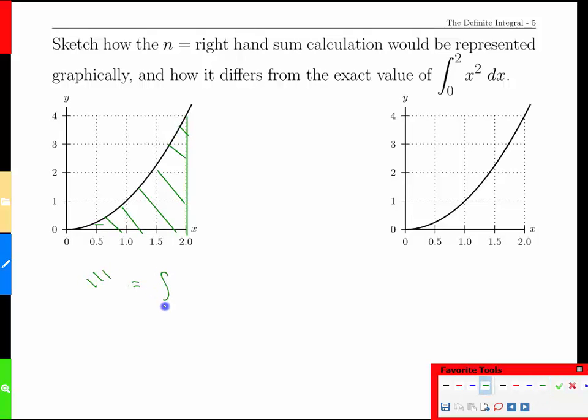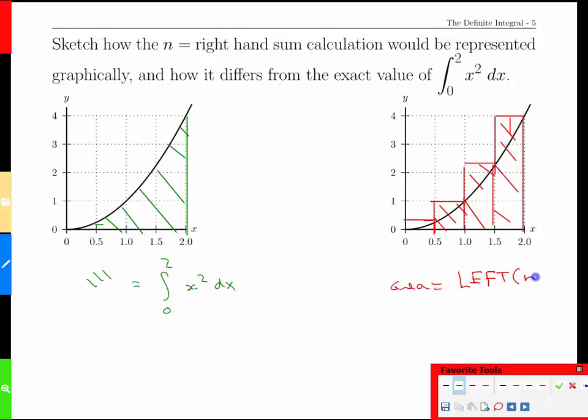That region is exactly equal to the integral from 0 to 2 of x squared dx, while in contrast, we still stop at 2, we still start at 0, but using right-hand endpoints and only 4 intervals, we get these 4 rectangles, and their area is equal to the right-hand approximation with 4 intervals, and so it's an approximation only to that same integral value. A little bit of an overestimate in this case.